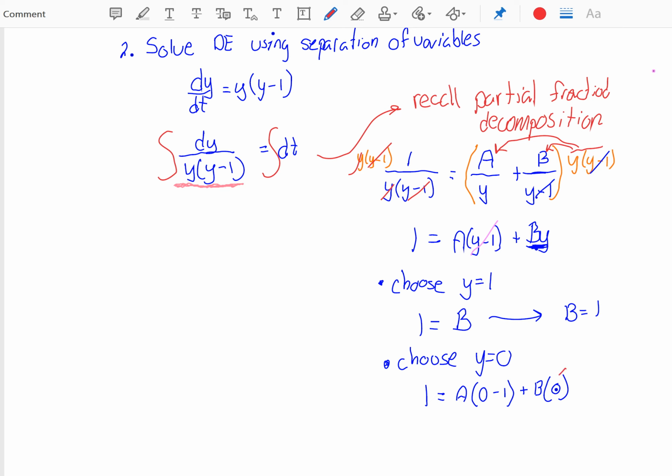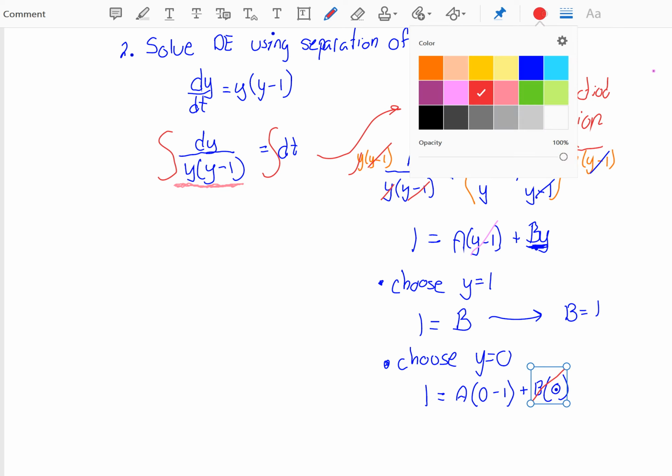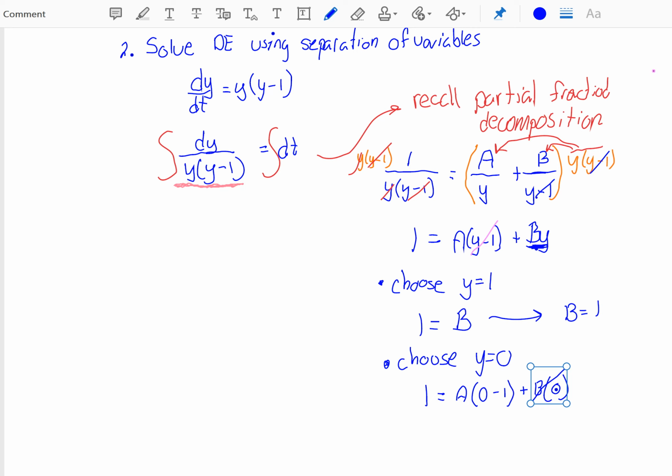Of course, b times 0 is 0. This gives us 1 equals negative a, or a is really just negative 1. These are the two coefficients that we need for our partial fraction decomposition.